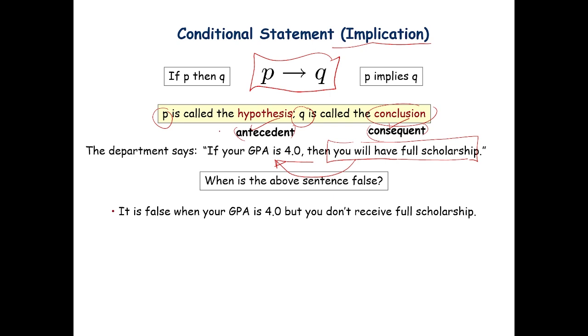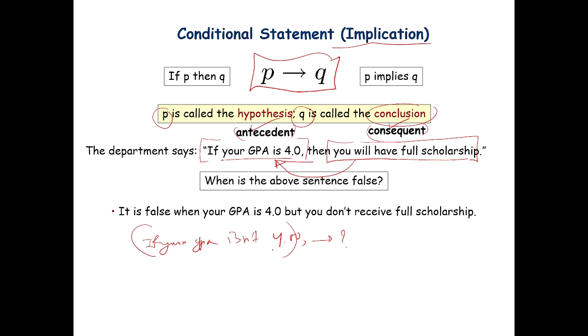But what happens when your GPA isn't 4? We did not promise anything for this situation, right? You don't know if you have a scholarship or not.